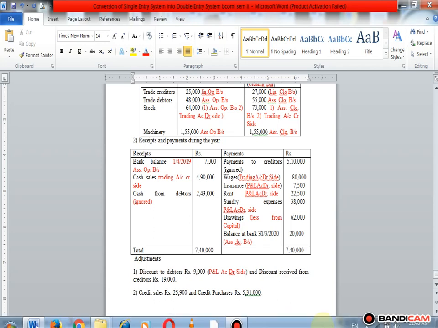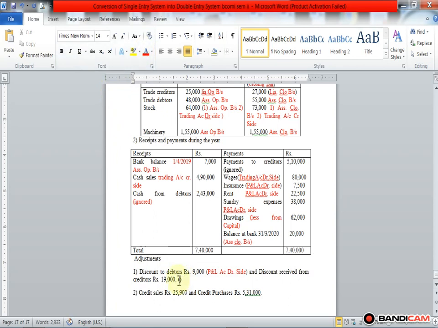Discount received is our gain, and the gain is posted on the credit side of the profit and loss account.